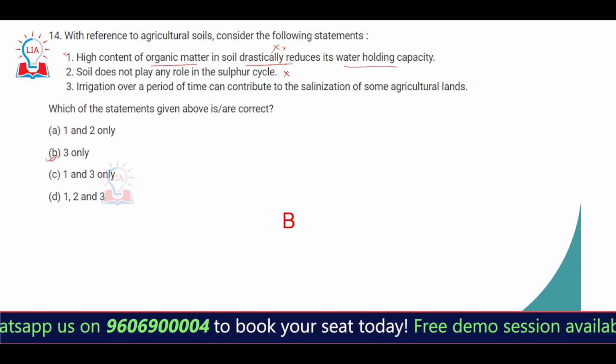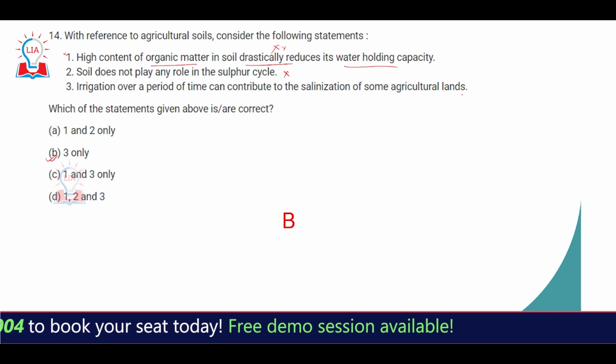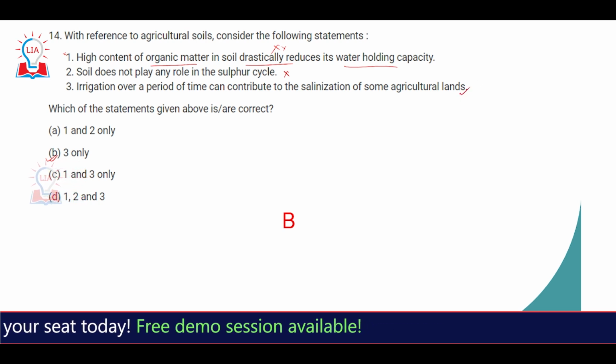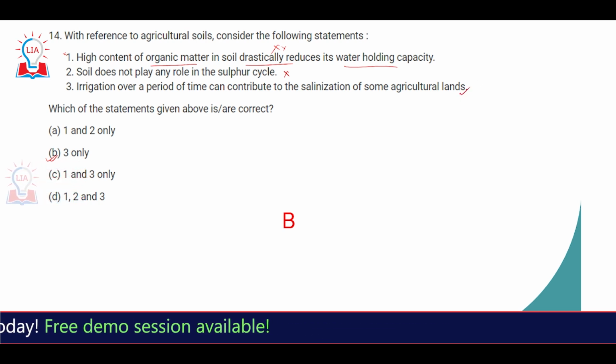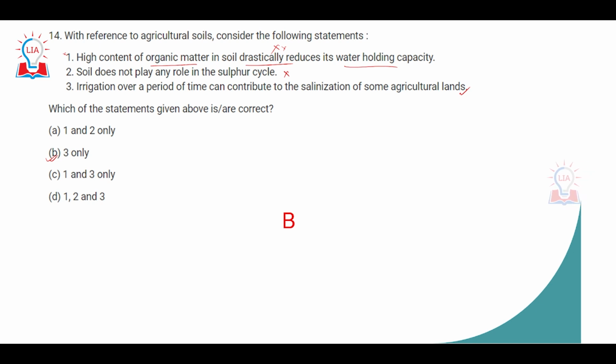Third is that irrigation over a period of time can contribute to the salinization of some agricultural land. This is absolutely a correct statement, because this is a problem we are seeing in northwestern India, especially in the states of Punjab and Haryana, where over irrigation has been practiced over a long period of time, at least since the Green Revolution in the 1970s. Due to over irrigation, a capillary effect takes place: the injurious salts are transferred with water to the surface of the soil.